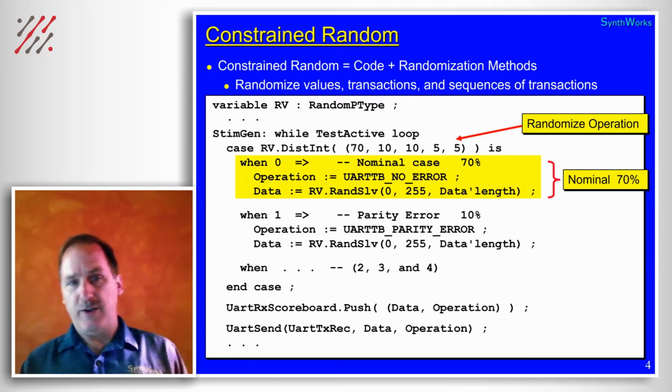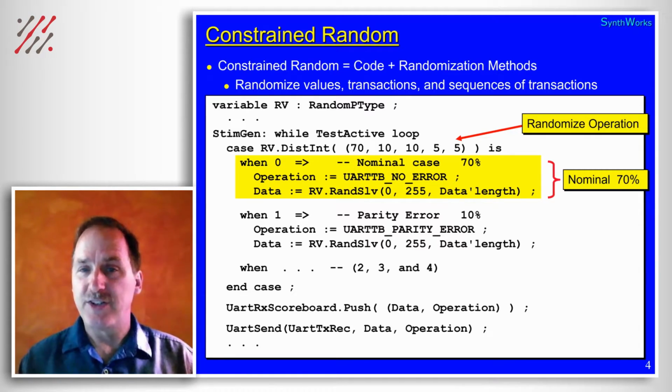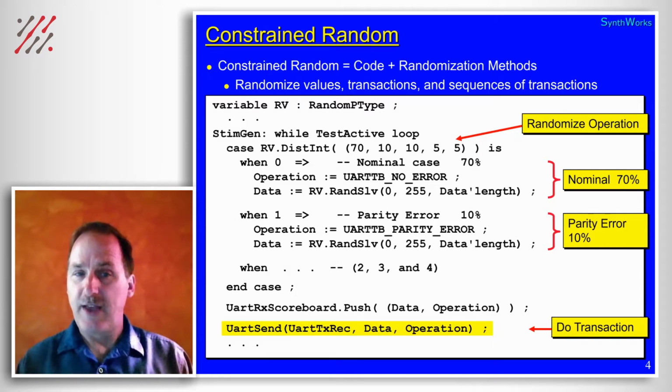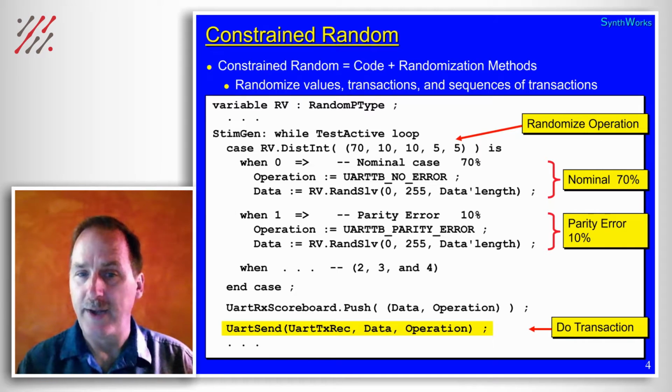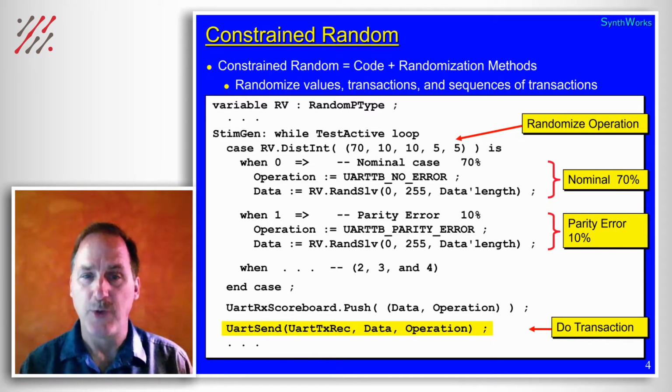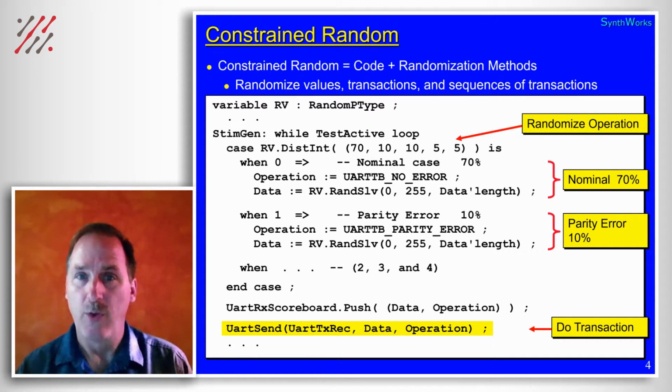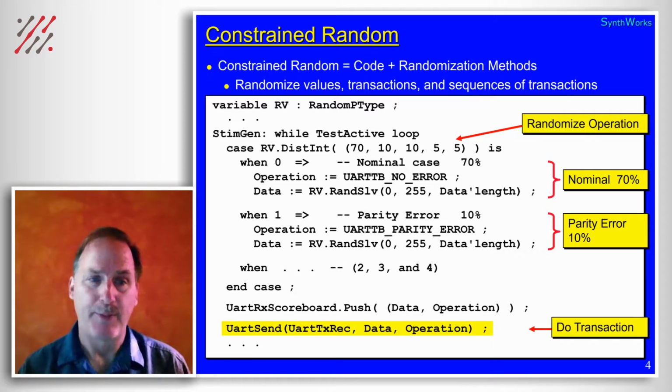What I'm doing here is setting up operations and data values, and then once I get down here, I'm going to send them to my transaction subprogram. So I'll do UART send with that data value and with that operation. Okay, so this becomes my constrained random operation.